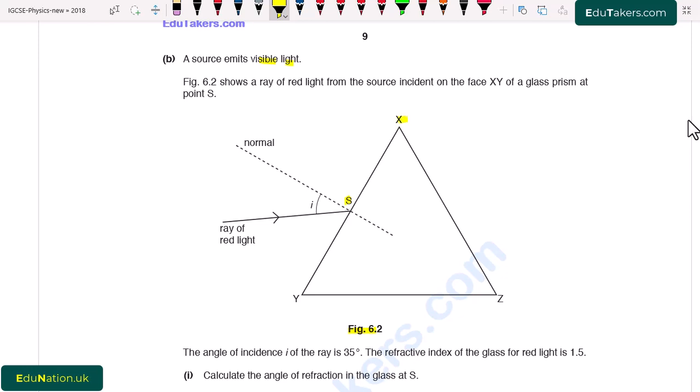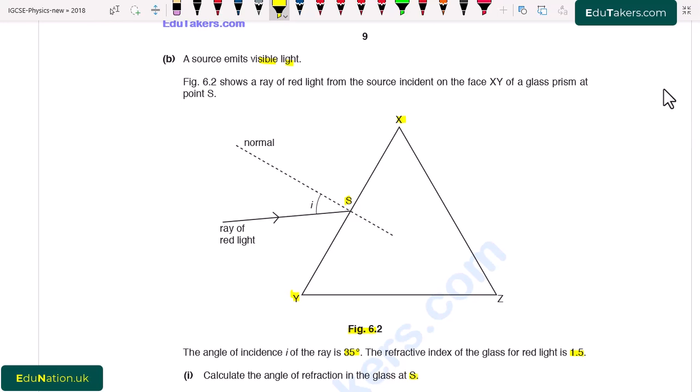This is X and this is Y. The angle of incidence i of the ray is 35 degrees. The refractive index of the glass for the red light is 1.5. Calculate the angle of refraction in the glass at S.